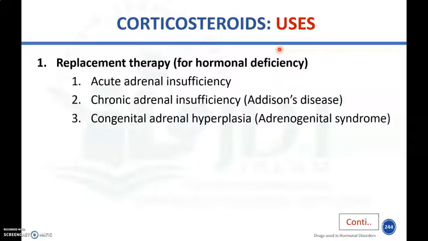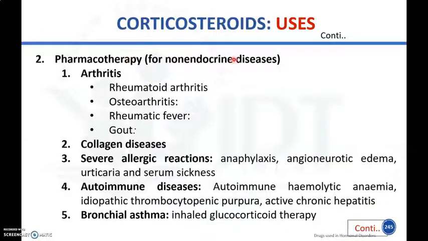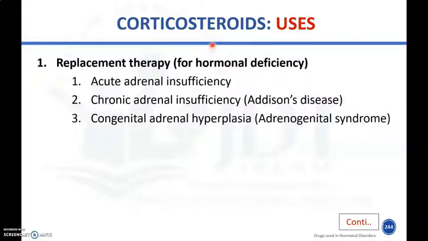Now coming to the uses of corticosteroids. Corticosteroids can be used in two cases. The first one is replacement therapy in case of any hormonal deficiency, and the second one is pharmacotherapy in case of non-endocrine diseases. Now let's see one by one. First is replacement therapy.